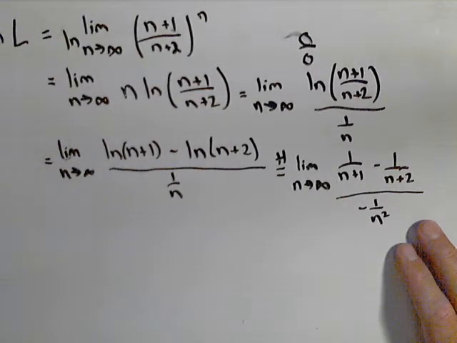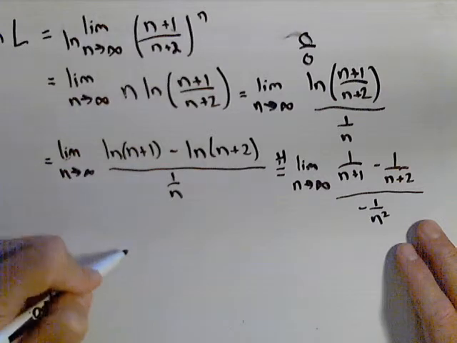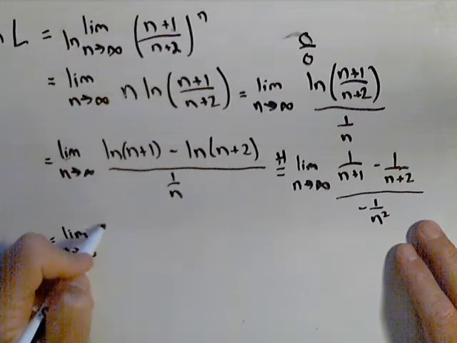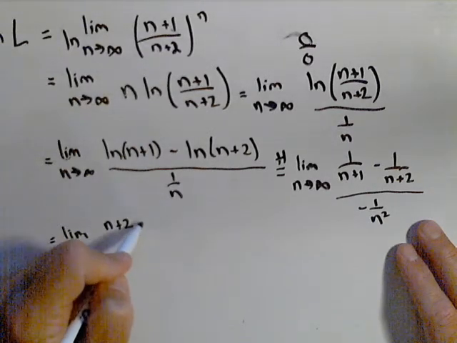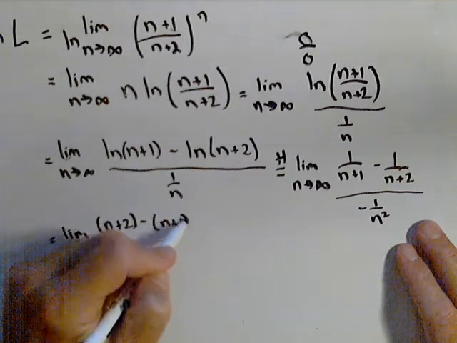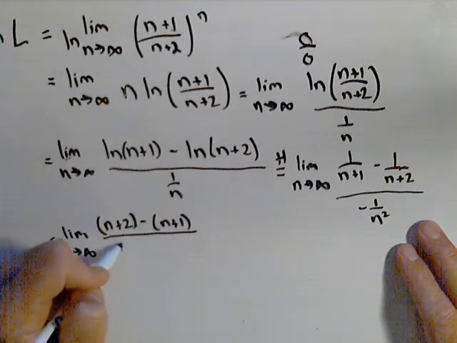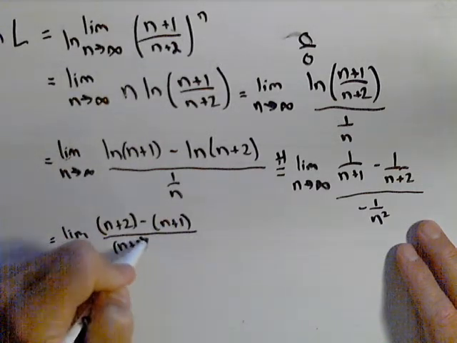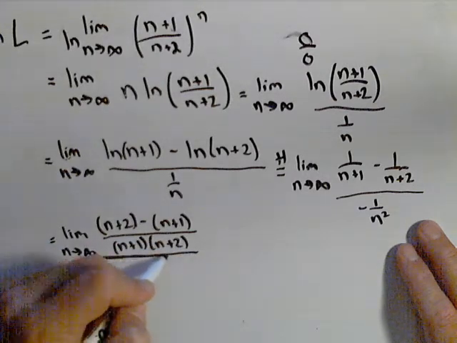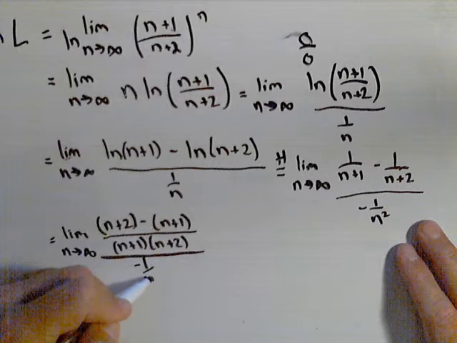Maybe I simplify that numerator first. With a common denominator on top, I have the limit as n goes to infinity of n plus 2 minus n plus 1, over n plus 1 times n plus 2, all over negative 1 over n squared.